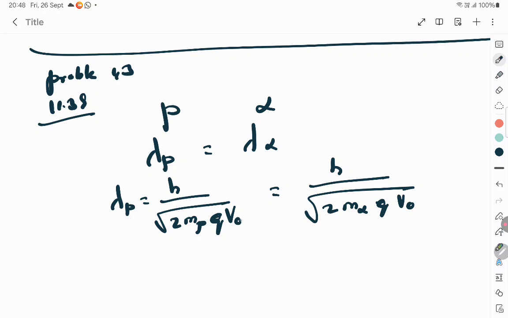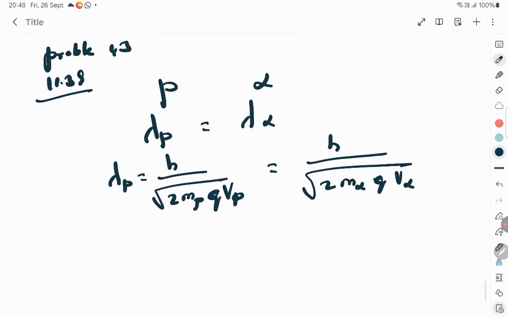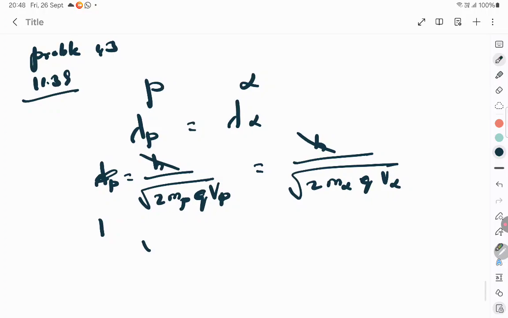So this is for a proton. Let's consider this as V1 and this as V2, which is V proton and V alpha, so that we can find the ratio of the accelerating potentials. Both de Broglie wavelengths are equal, so cancel this. Therefore, you get root of 2 into mass of the proton into charge of the proton, where the charge of the proton is just e, and the voltage accelerating the proton is also given.